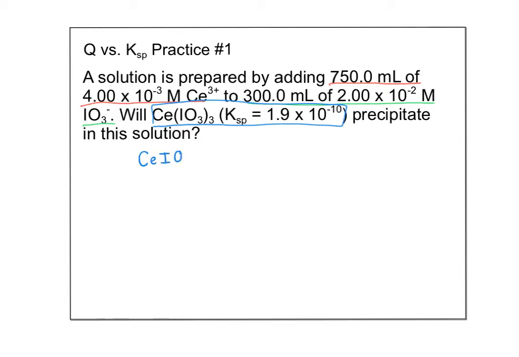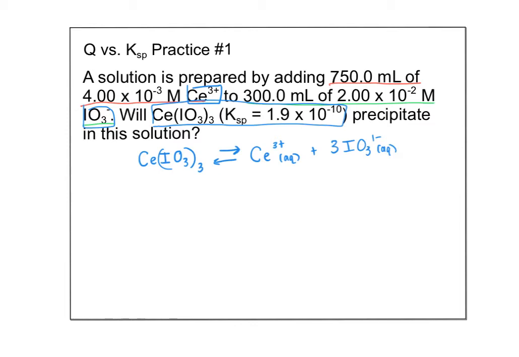Sometimes they give me spectator ions. Notice here they just told me the cation and the anion. Sometimes they will give spectator ions, so it's helpful to write your main KSP reaction so you don't get confused about what's important. So there's my KSP reaction where the solid breaks into the ions.